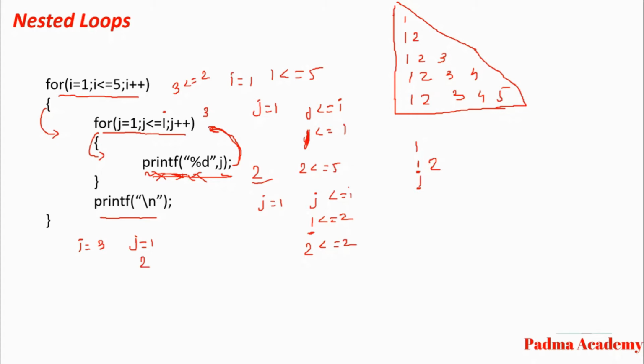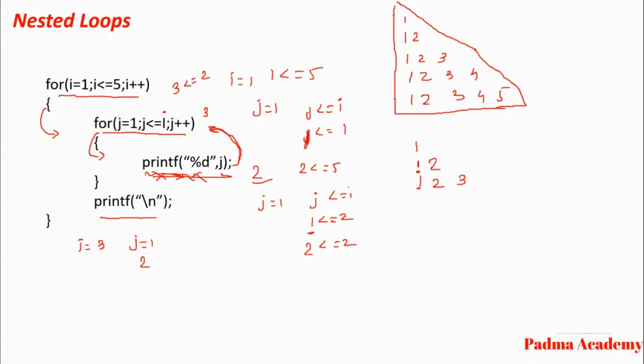Again the j value will become 2, is 2 less than or equal to 3, yes. It will print 2. Again the j value will be incremented, then it will check the condition that j less than or equal to i, that is 3 less than or equal to 3, yes. Then it will again print 3.